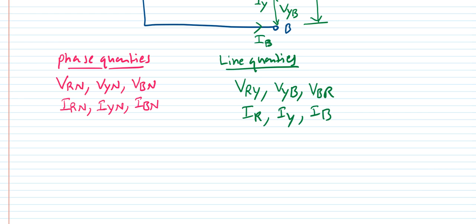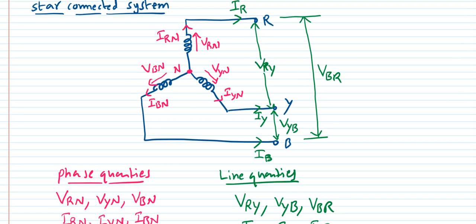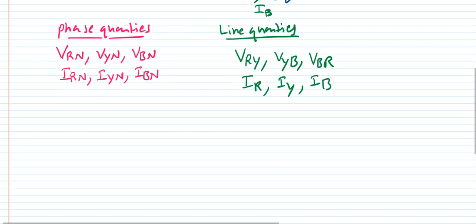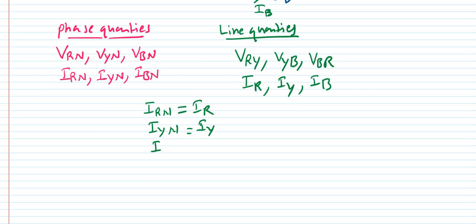From this star connection, the observation I made is that the current flowing in this coil, IRN, is also equal to the line current IR. So I can write IRN is equal to IR, IYN is equal to IY, and IBN is equal to IB.